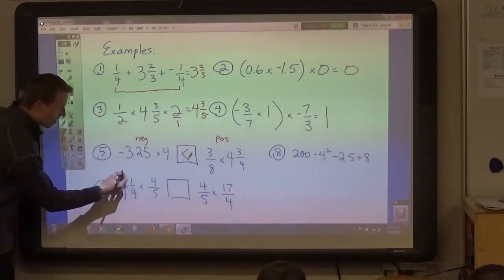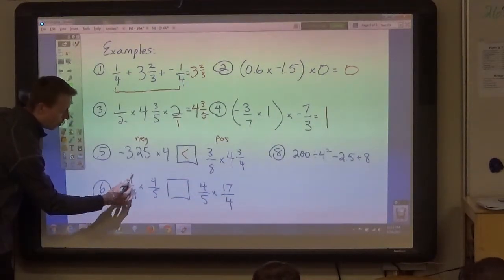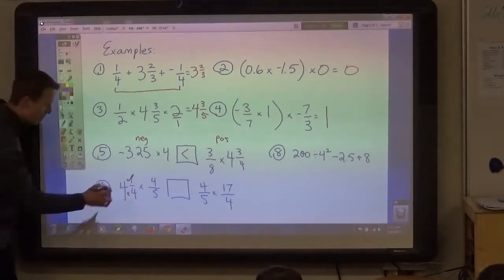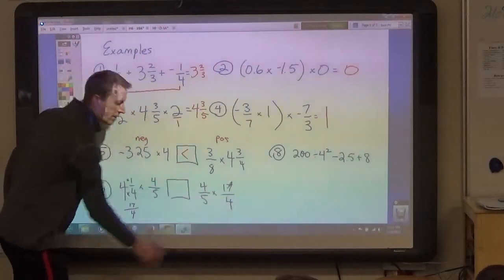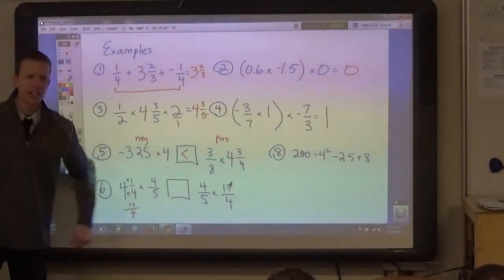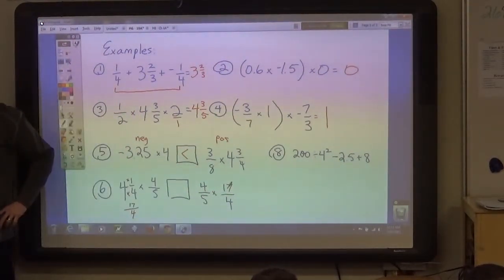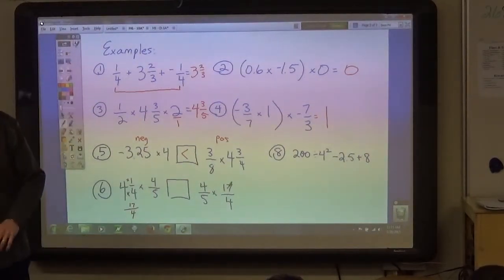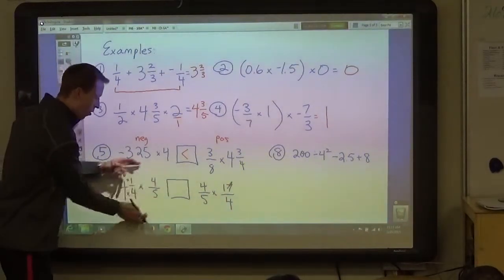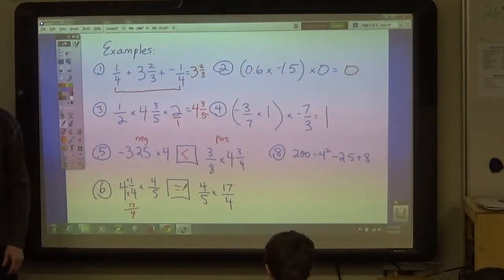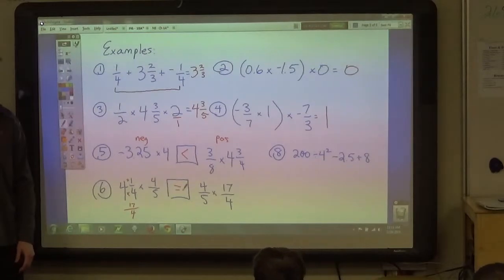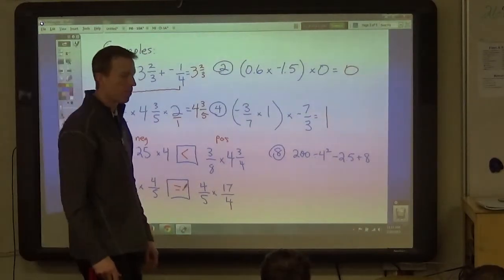Because this one is 17/4, and this one is 17/4. So what property is demonstrated here? Reese, you said it before. Commutative, right? The order is different, but they are equal. Okay, let's move on to operations.